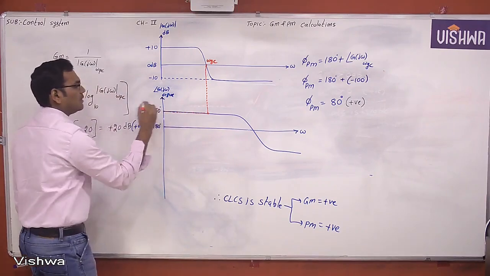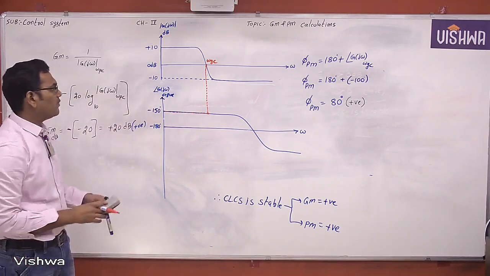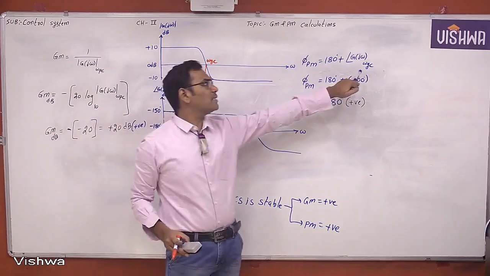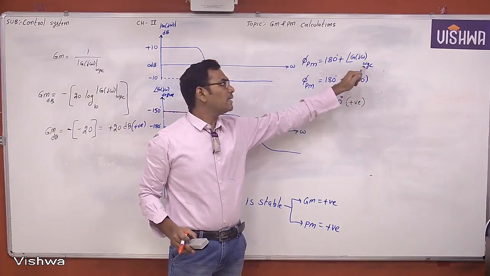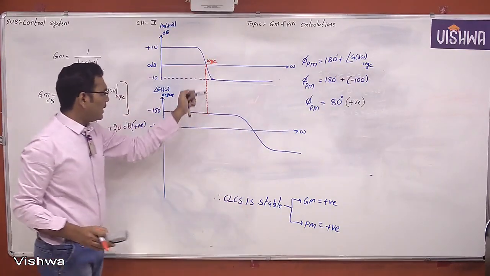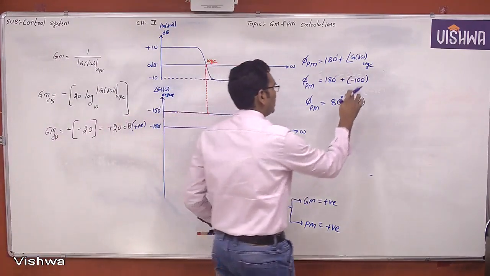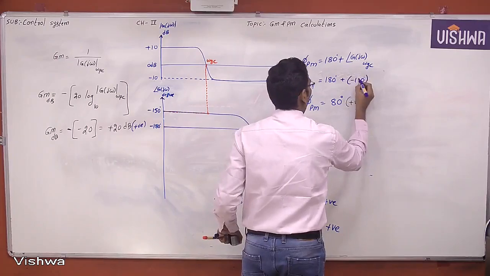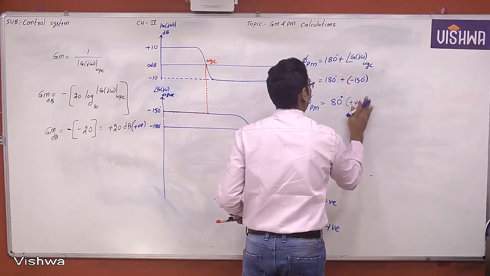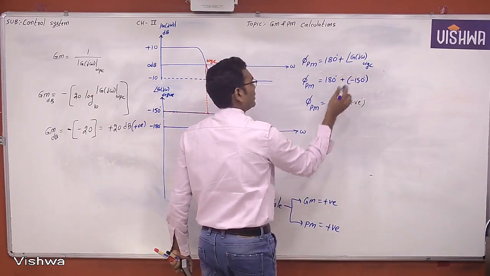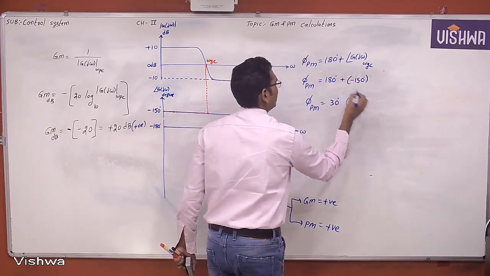The phase is minus 150 degrees. Therefore, what is the phase margin? 180 minus 150, 30 degrees, which is a positive value.